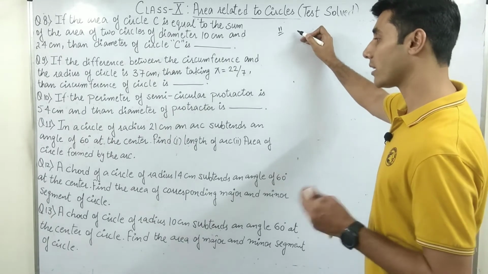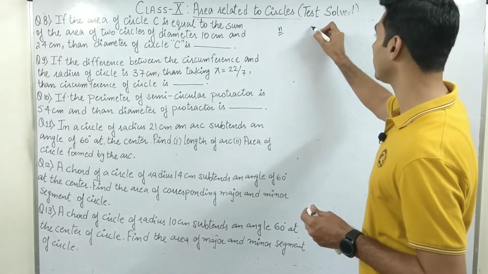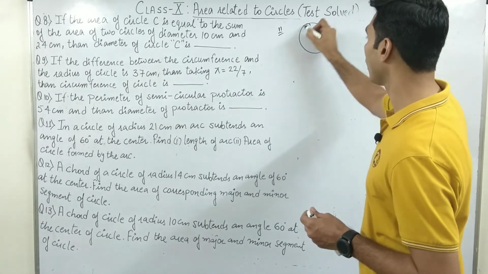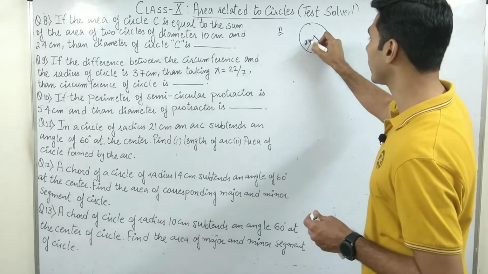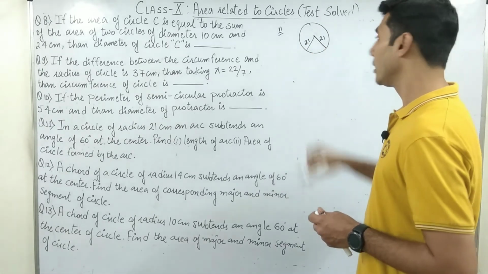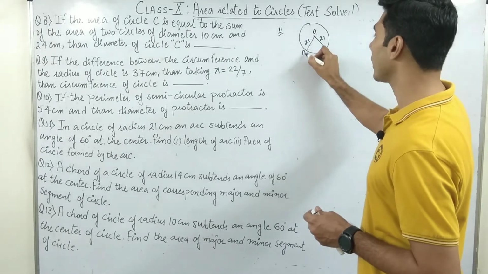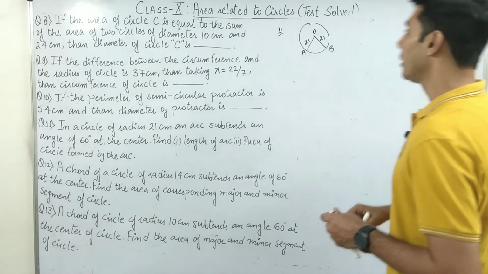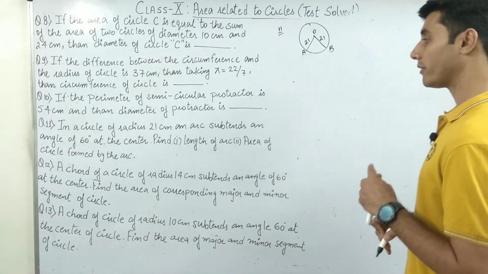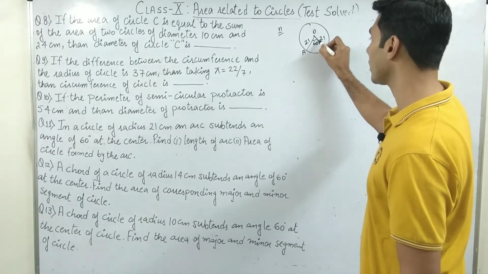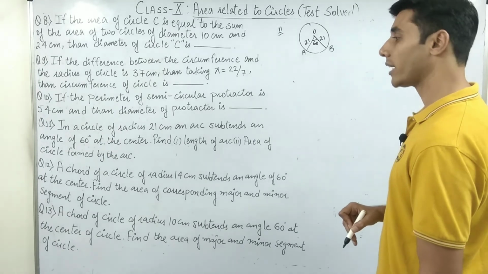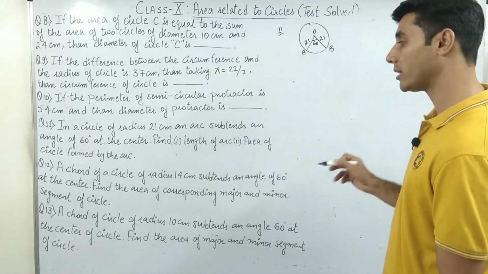They are saying in a circle of radius 21 centimeter, so this is 21, this is also 21. This is your O, this is your A, this is your B. In a circle of radius 21, an arc subtends an angle of 60 degrees at the center. So this is 60 degrees.